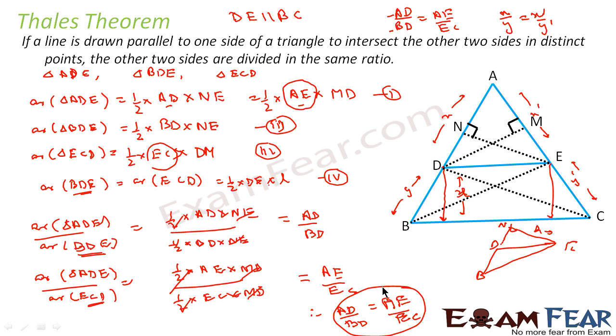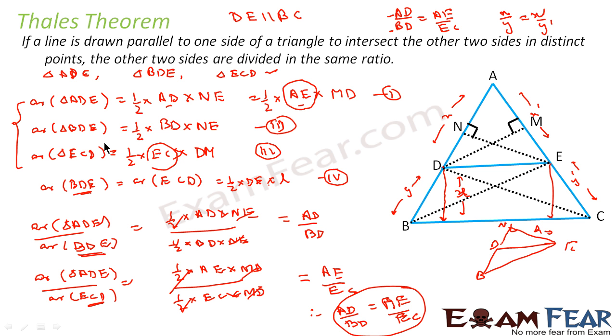And that is very simple. What we have done, we have followed the reverse engineering method. We were supposed to prove that AD by BD is equal to AE by EC. Then we first drew all this. We got that AD is part of triangle ADE, BD is part of triangle BDE, and EC is part of triangle ECD. Then we found the areas of all these three triangles, right?